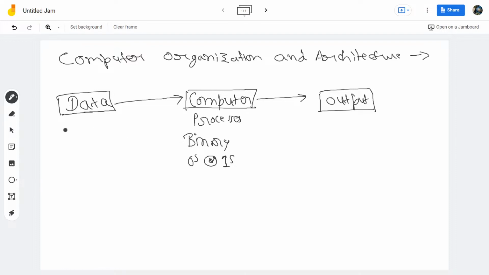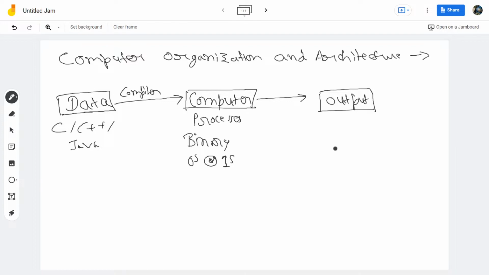So we use languages such as C, C++, or Java to make the set of instructions, that is the data, and the role of the compiler is to compile this set of instructions into binary, and the computer processes it and gives us the desired output.